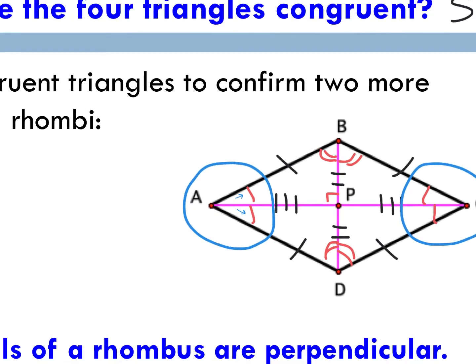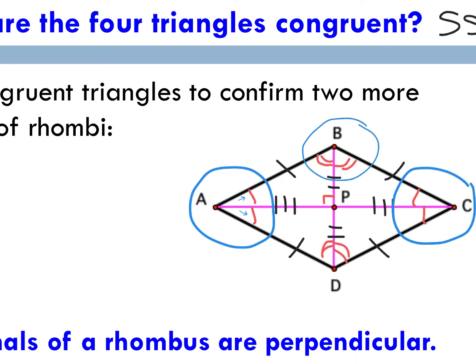It split it into two equal pieces. And then the same is going to be true for angle B and D. Angle B was always going to be congruent to angle D, but now we see that the diagonal, because this is congruent to this, bisected that angle, aka split it into two equal angles.